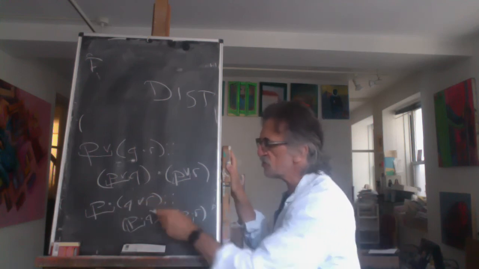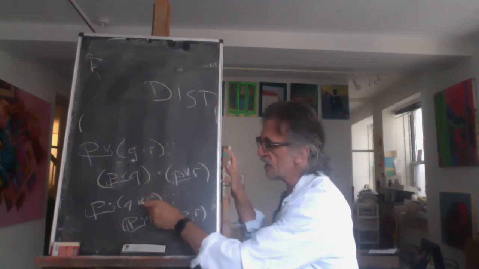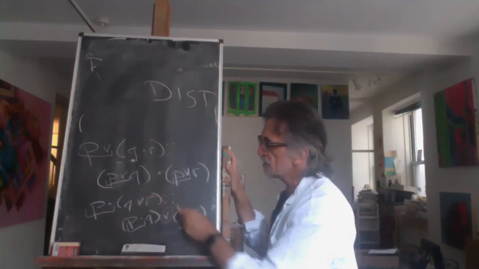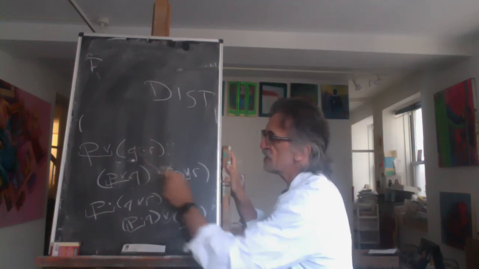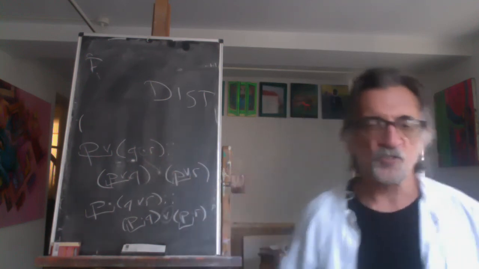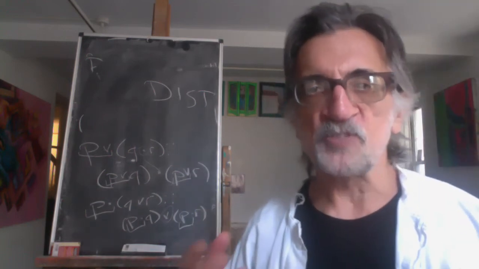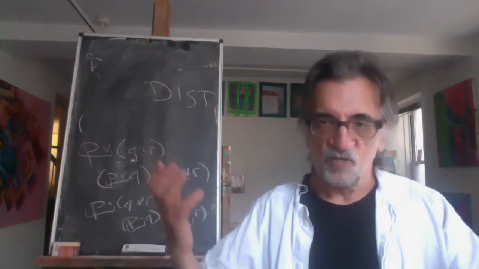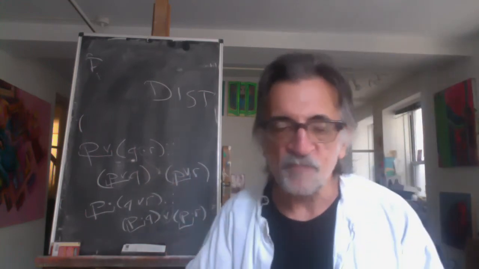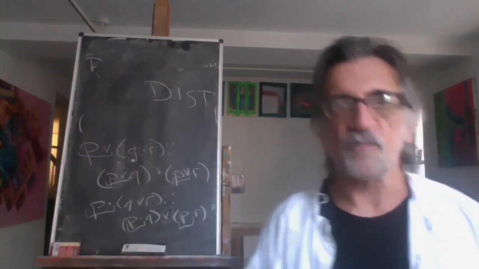It distributes, and then the connective that had been inside comes outside. The connective that had been inside these parentheses now comes between the two parenthetical remarks. How useful is that as a mnemonic? Well, it works for me. It has worked for other people. It has failed to work for some people.